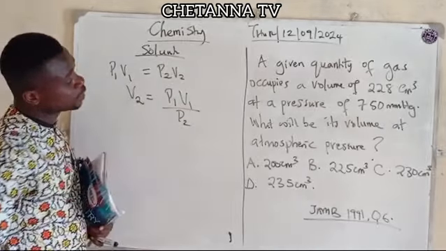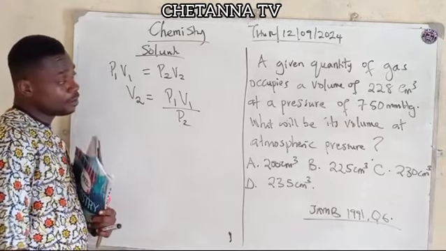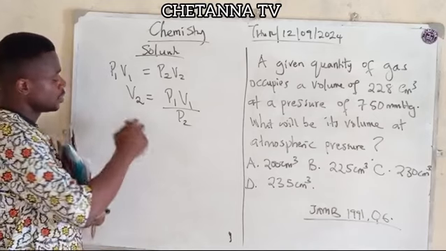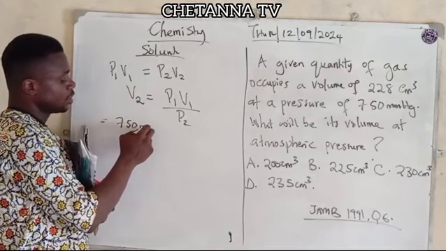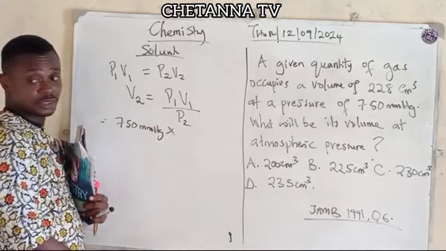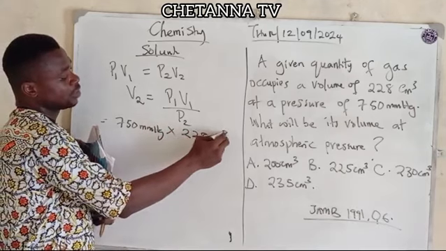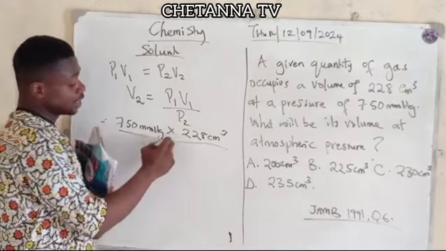We have P1 as 750 millimeter mercury. V1 is 228 cm³. P2 is 760.